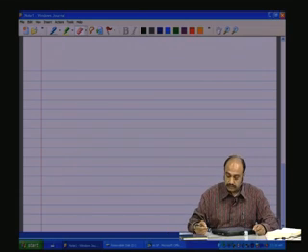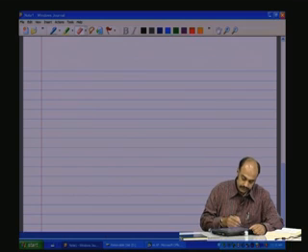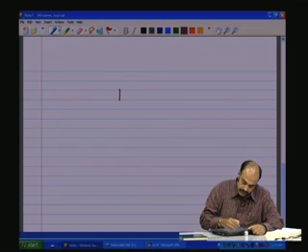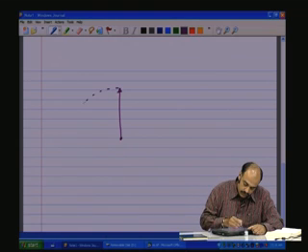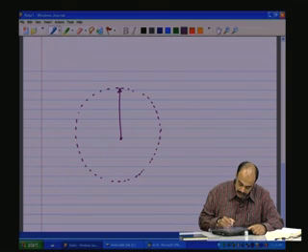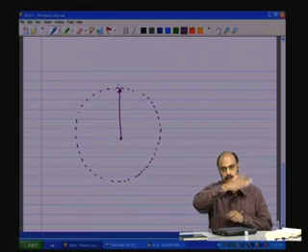So once we have the rotating magnetic field, which is rotating inside the machine in a circular fashion, the magnetic field here is in space, it keeps rotating.